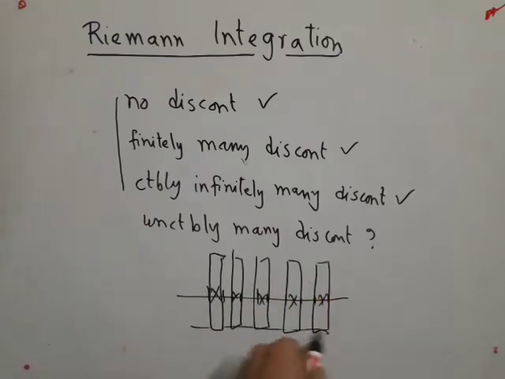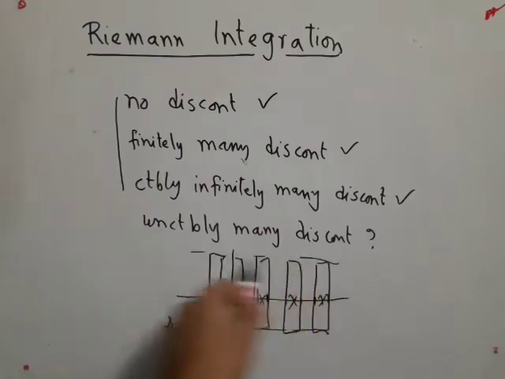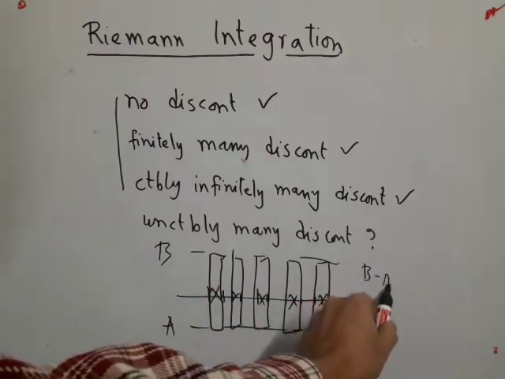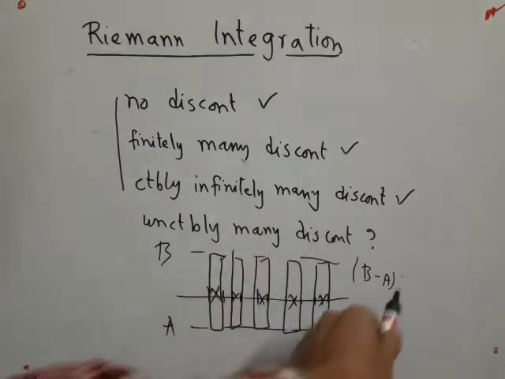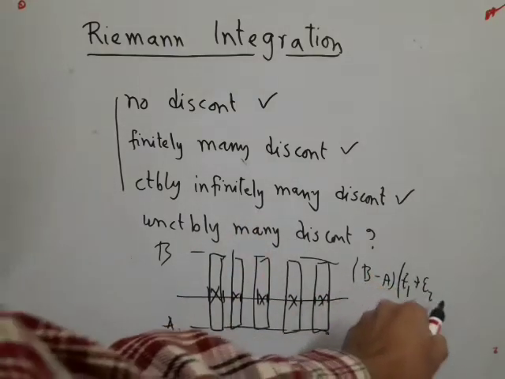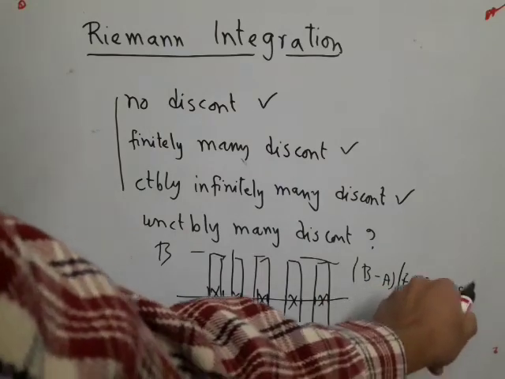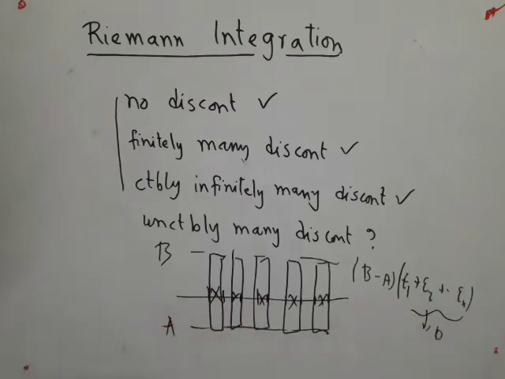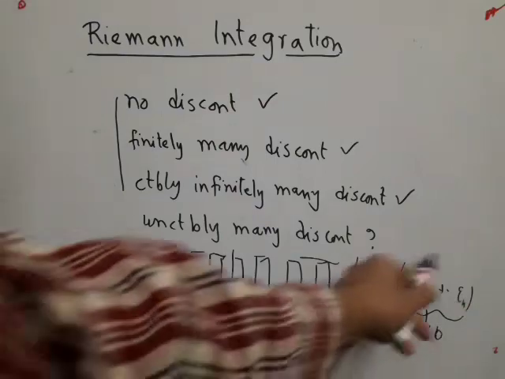All of them go from a to b. So he would like to say that (b minus a), the common upper bound of the height, times epsilon 1, epsilon 2, etc., epsilon n, and he will say that this thing goes to 0. The problem now is that if it is countable, then he can write this sum, but if it is an uncountable set, what to do?